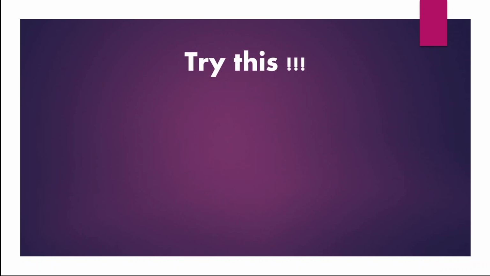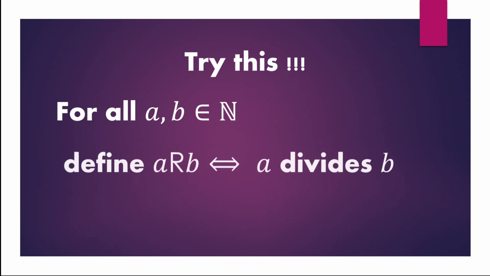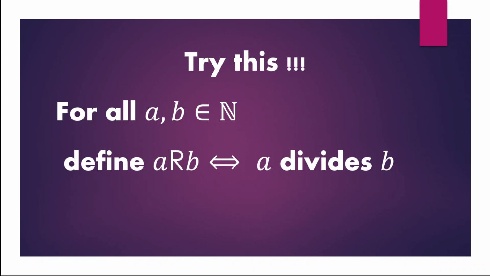Now, this is a question for you to work out. n is the set of all natural numbers here. So you define on the set of all natural numbers a related to b if and only if a divides b. We had also taken division as an example of reflexivity, but here the work is on the set of natural numbers.